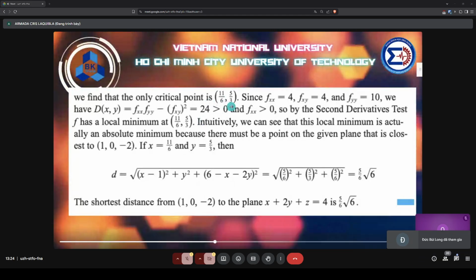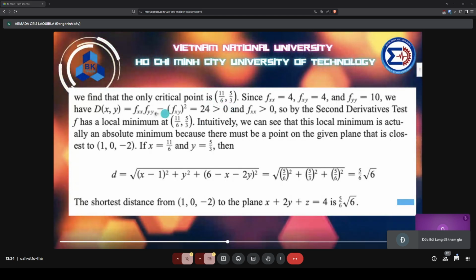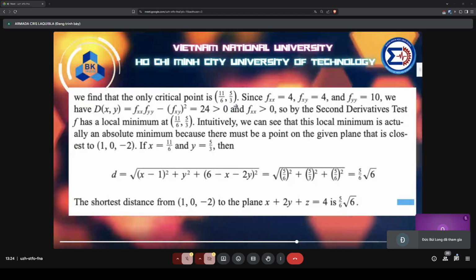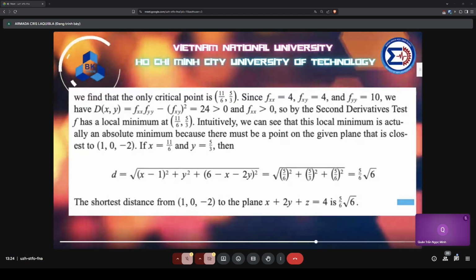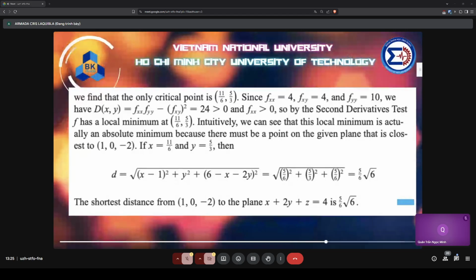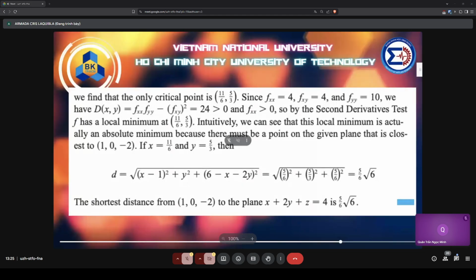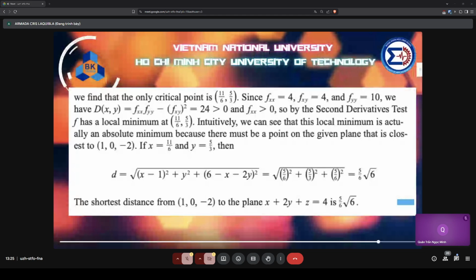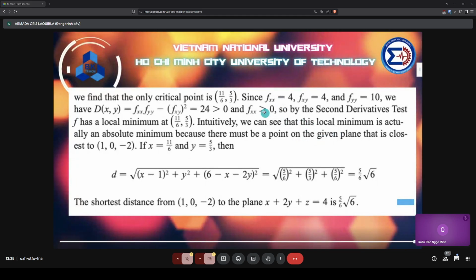So this is the only critical point that we can solve. Again, if you still remember how to get the critical point, take fx first and then fy, equate them to 0, then solve for x and y. So we only have one point here, and that is now your critical point.